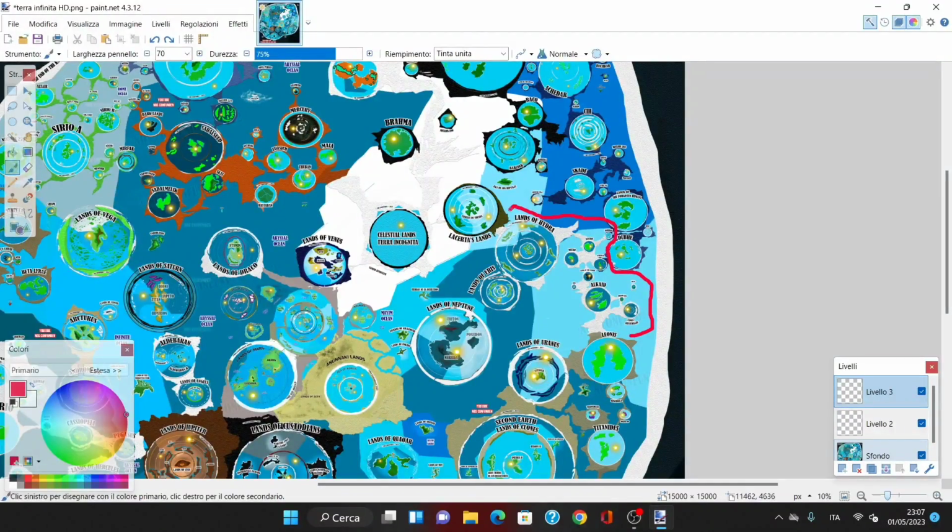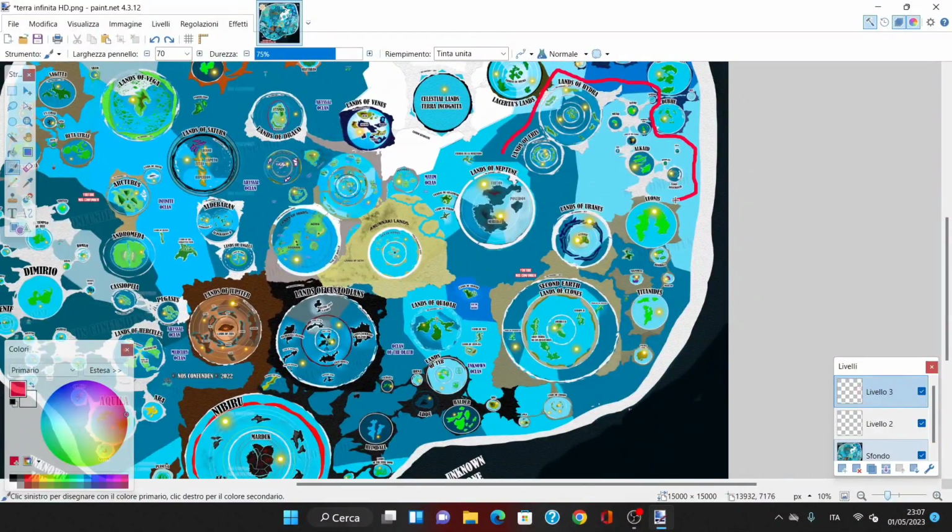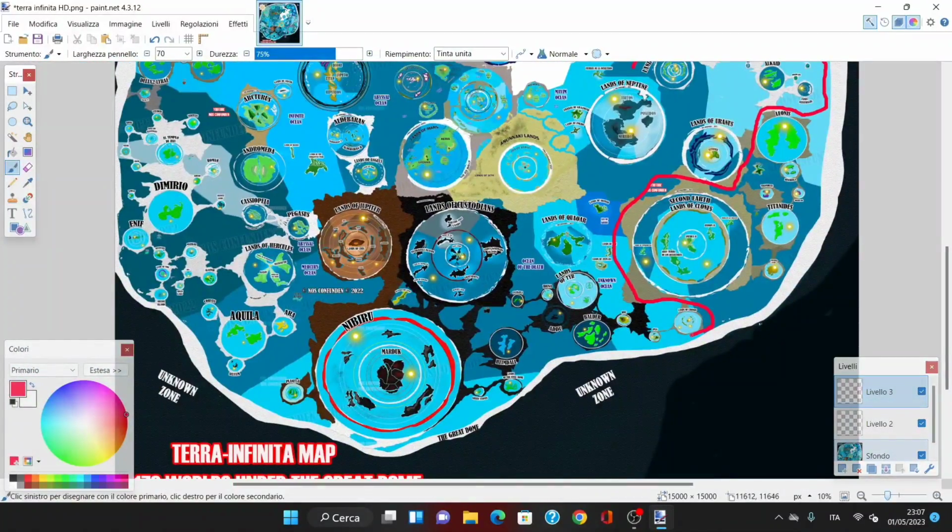We covered a lot of lands today compared to other episodes, a small and a big part, percentually, of the entire universe. In the last episode we covered the lands of Uranus, as well as the lands of Kronos. That puts the map like this.